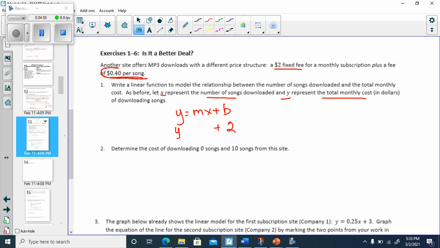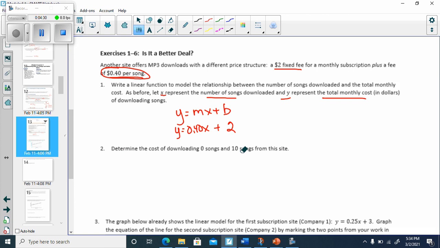This tells us that this is our m. This is our rate of change. 40 cents per song. That per tells me all the time. That's a very good way to tell it. Per or each or something like that. Our equation says that the total amount we're going to pay each month is 40 cents per song times the number of songs we download, plus the $2 fee per month.